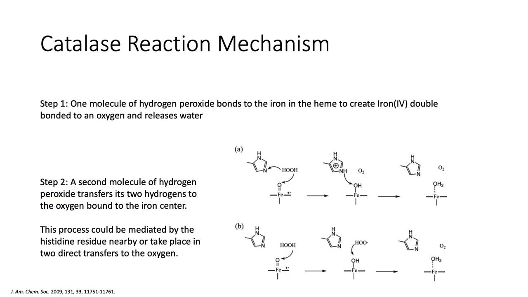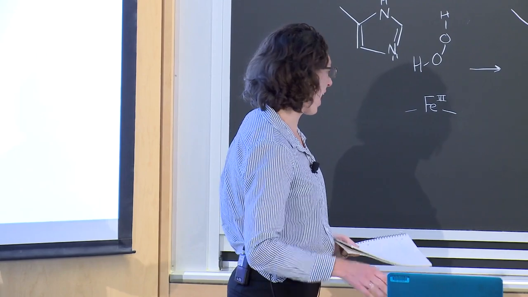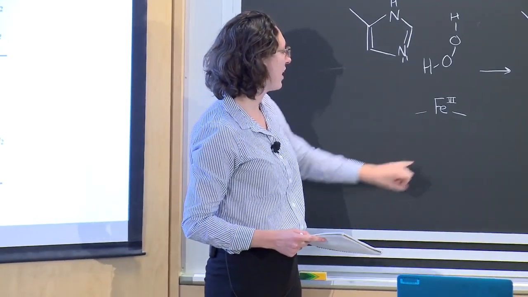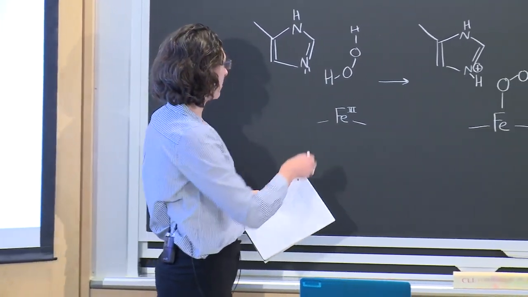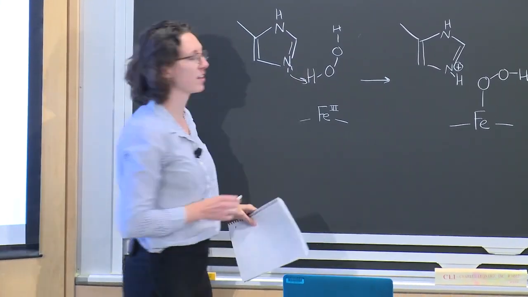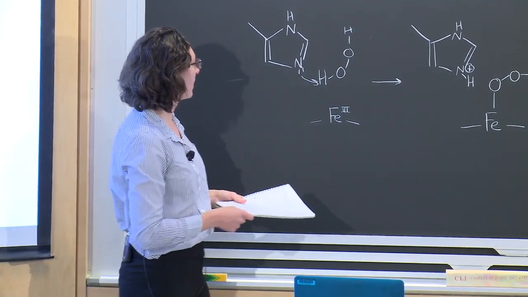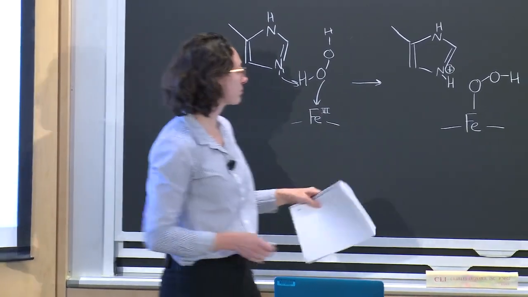If we want to take a moment and look at the actual mechanism for the reaction of hydrogen peroxide with catalase, this is a very pared down version of the catalase activation site. So there is a histidine residue here. You have your iron center and your heme, and then when hydrogen peroxide comes in, the first step is that those electrons can remove one of the hydrogens from the hydrogen peroxide, and then this oxygen will bind to your metal center.